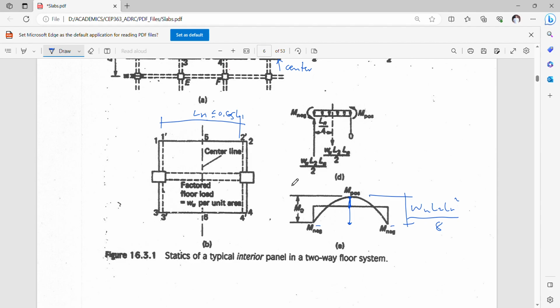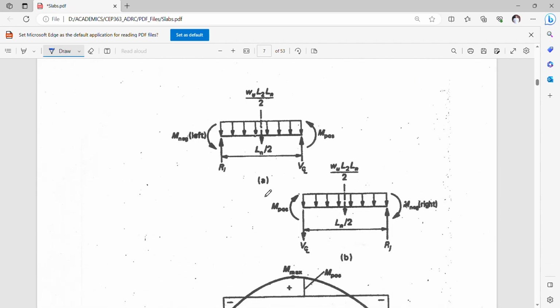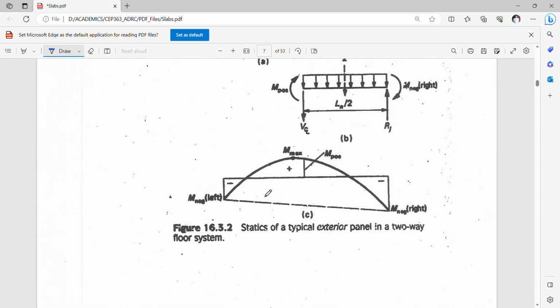Now, for the typical exterior panel, it will be a little bit skewed. If you take a look at the moment here, the maximum moment will no longer be at the midspan, but rather favoring the end span. This is the end support, or the exterior support, and this span here is called the end or exterior span.